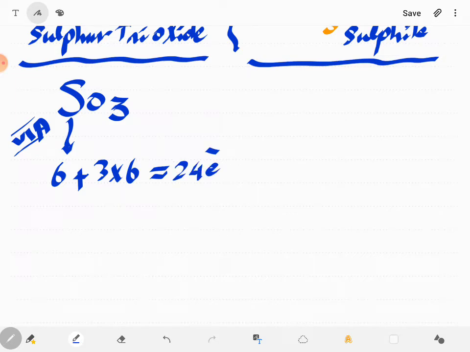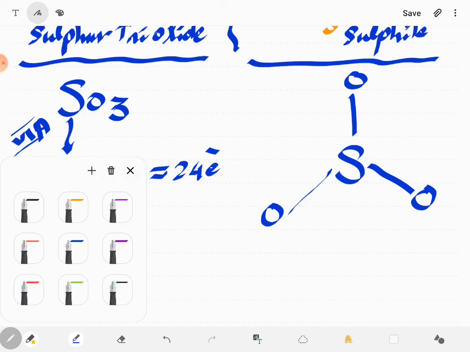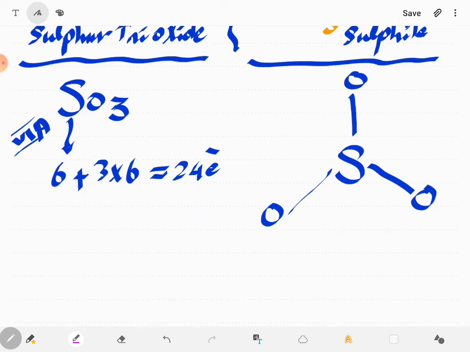Here the sulfur is the center, and oxygen, oxygen, oxygen. How many do we consume here? 2, 2, 2, so I consume 6. So the remaining is 18 electrons.